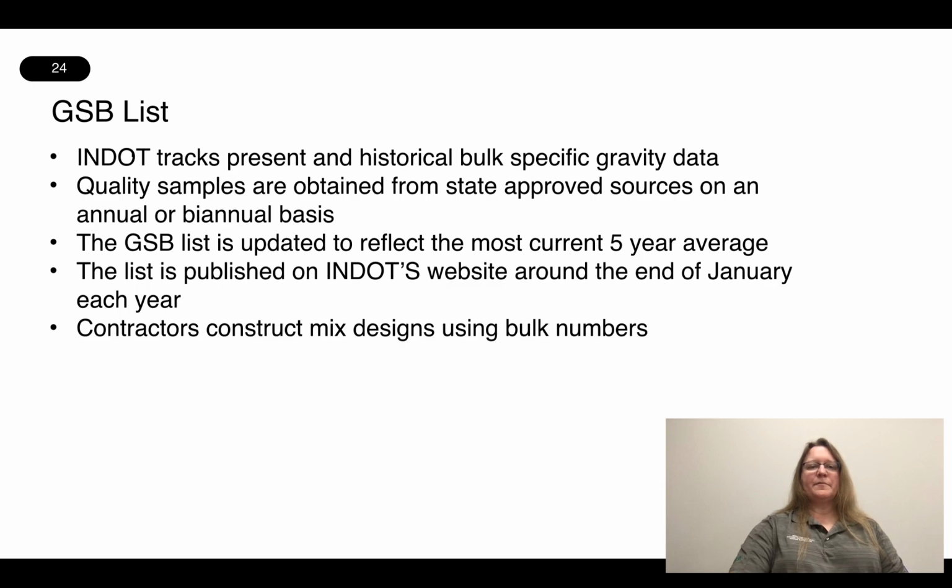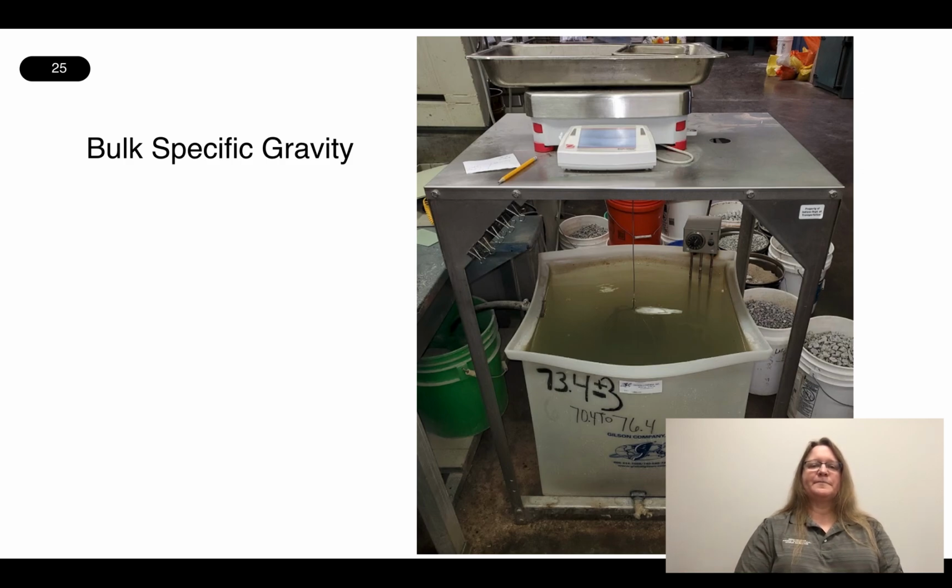And then again, we publish it this time of year, and then contractors use those numbers to make their mix designs. And this shows some of the equipment used for running bulk specific gravities, and you guys are going to learn more about that in the lab portion of this class throughout the week.